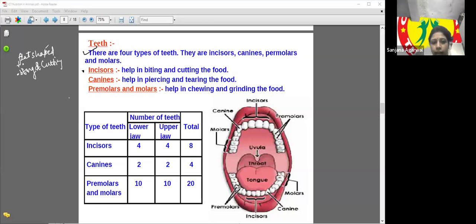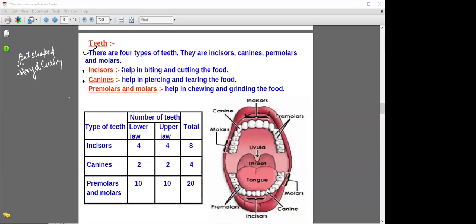The next set of teeth are canines. Make another bullet point. These are usually pointed teeth. On both sides of your front four teeth, you can check just now whether those teeth are pointed. Because of being pointed, they are the sharpest.